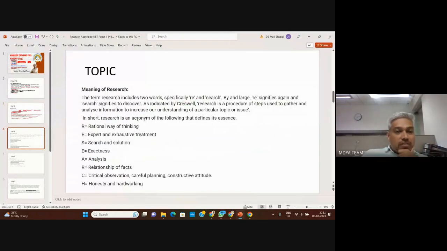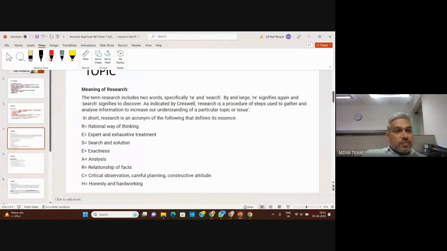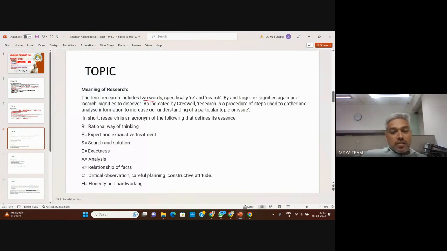Now we will read about the meaning of research. The term research includes two words. Put your attention here: re and search. By and large, re signifies again and search signifies to discover.